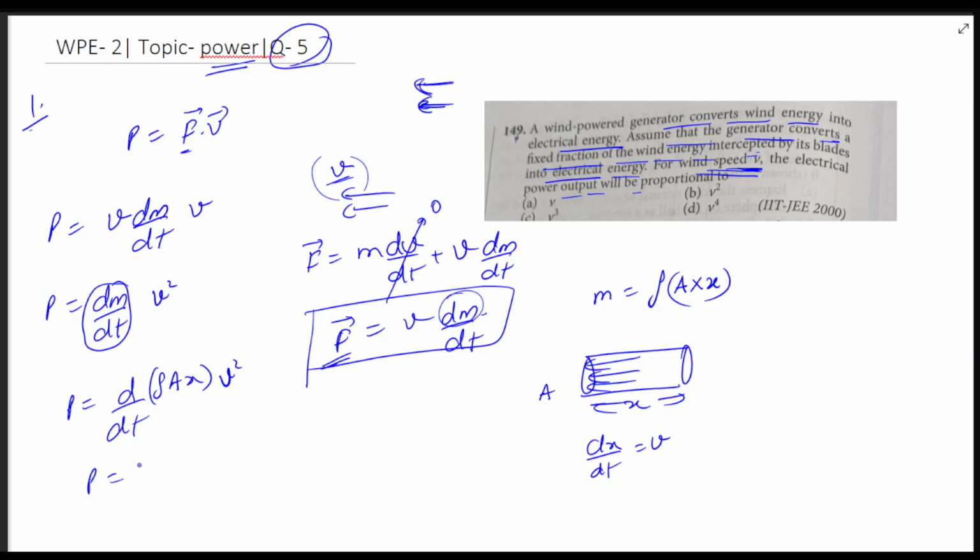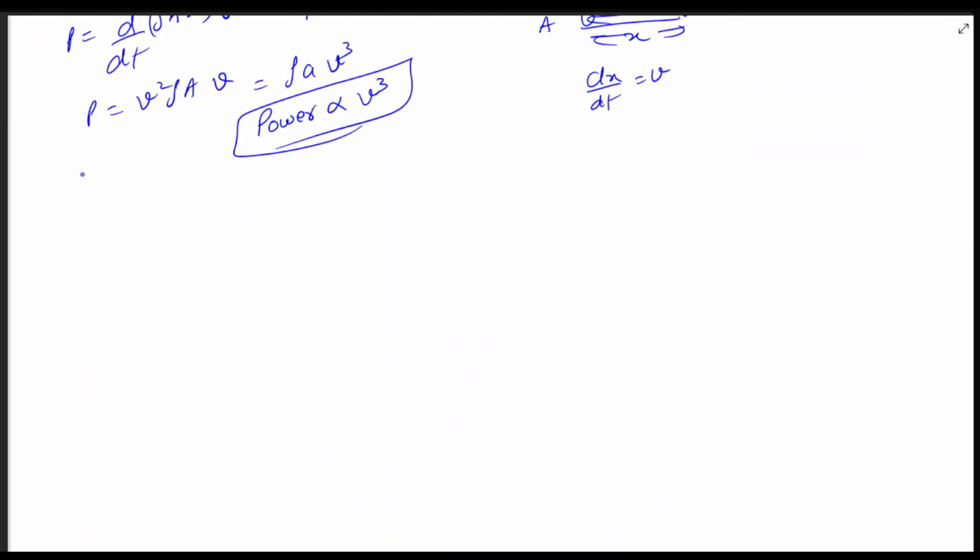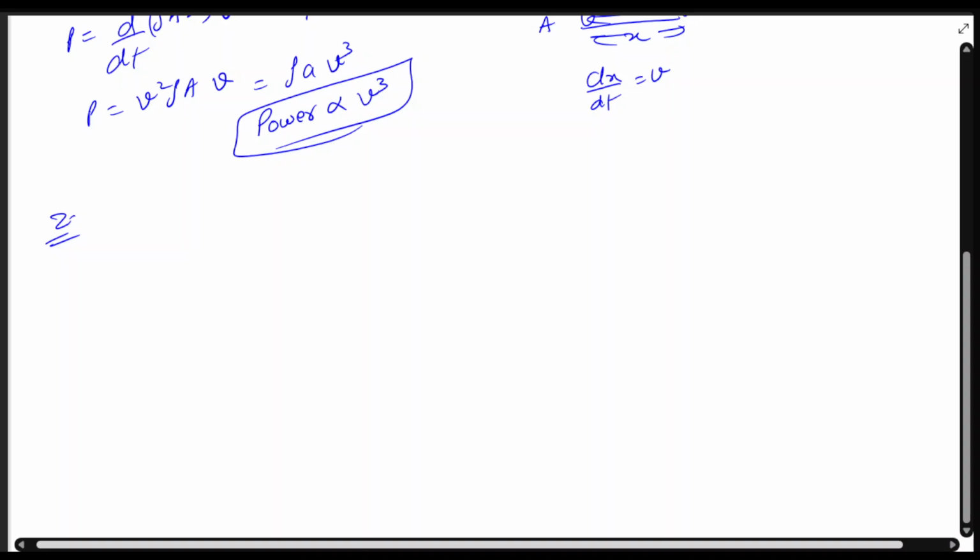Okay, so we'll have v square rho A and dx by dt is v. So we will have rho A v cube. So power is actually proportional to v cube. Okay, so C will be the answer, right? Now let's move on to the second question. So it's quite an interesting question.